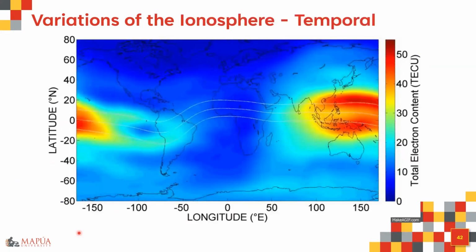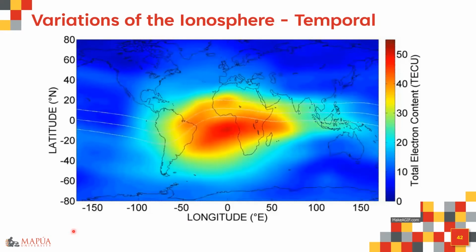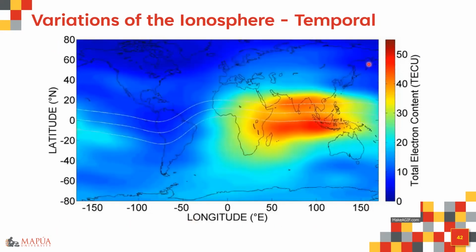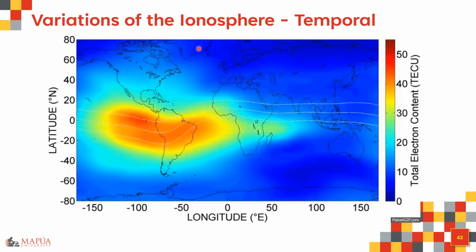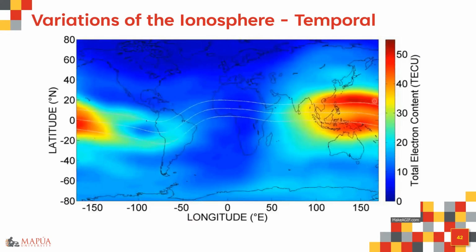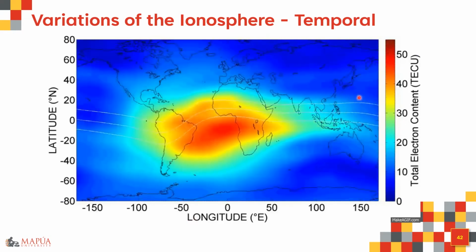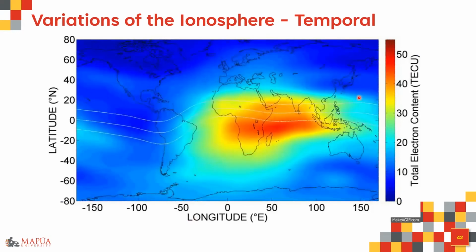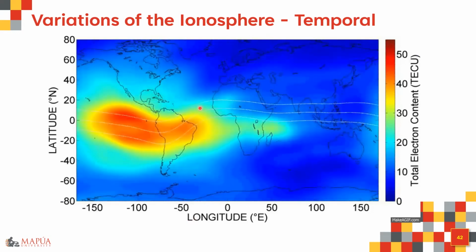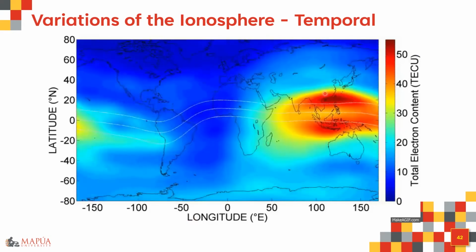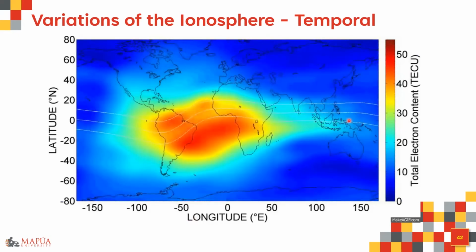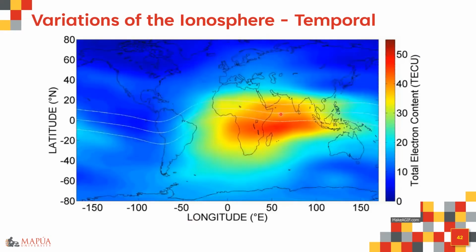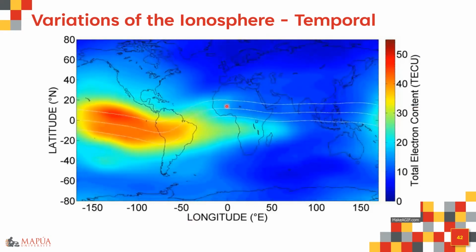This is another sample of a temporal variation. This time, this is a global TEC map. What's important to notice here is that while the rotation of the Earth follows the rotational axis, the region where you have high ionization due to solar radiation is actually followed by the magnetic configuration. You're already familiar with this magnetic field configuration.